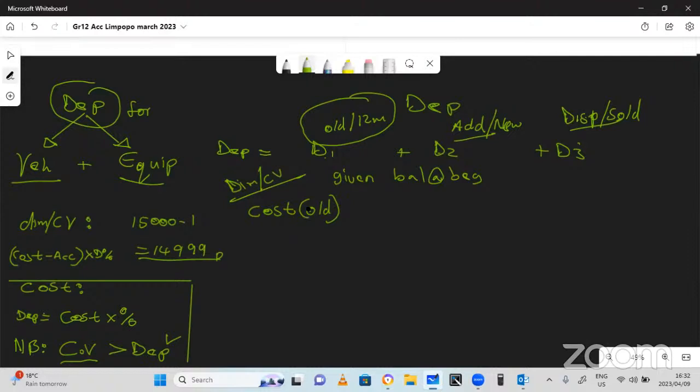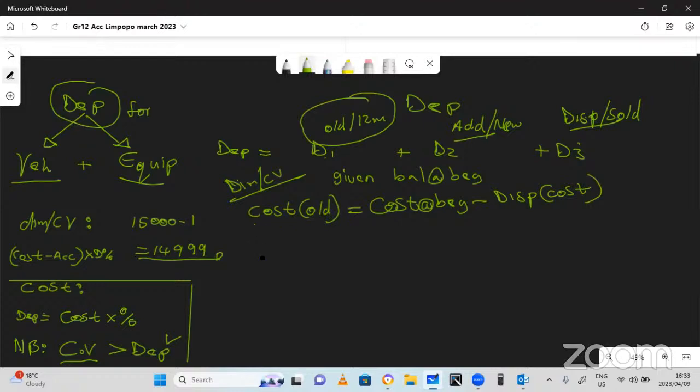So to get our cost price, we are going to take the cost that we are given at back, and we are going to subtract the sold or the disposed asset. Yeah? But we are subtracting what? The cost price of the disposed asset to get the cost for old.